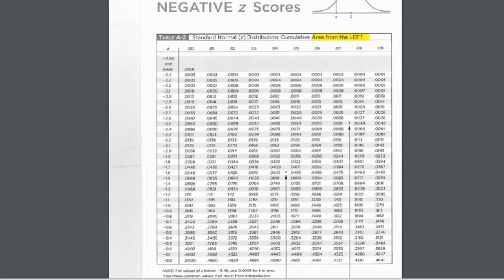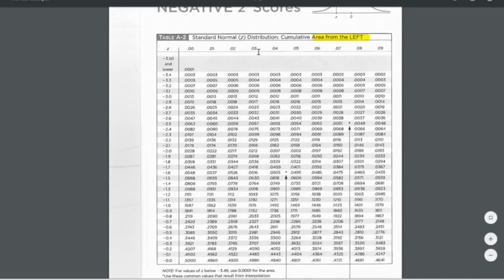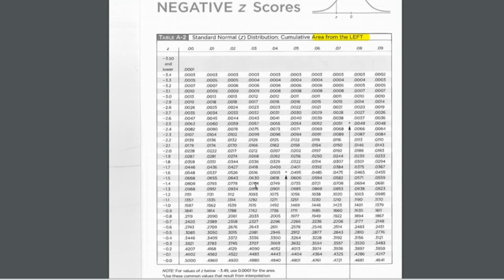So in the negative table, the 1.3 is here and the 3 is right there, so 1.33 is this one, or below that, 0.0918. Right, 1.33 right here.